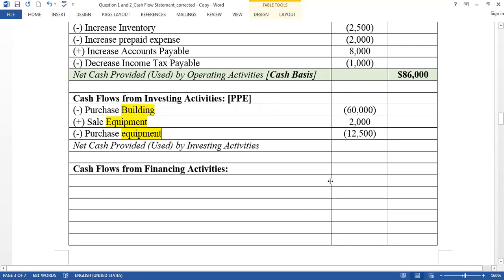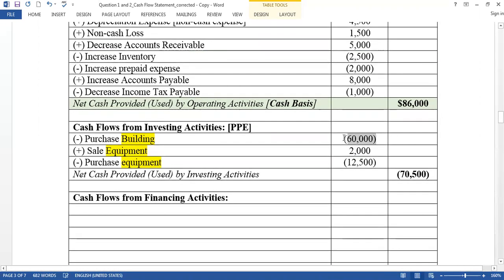So property, plant and equipment increase means cash paid. Property, plant and equipment decrease means we sell it and we receive cash. So if you do this kind of plus and minus, it is about 70,500. And this is minus because the negative item is higher than the positive.